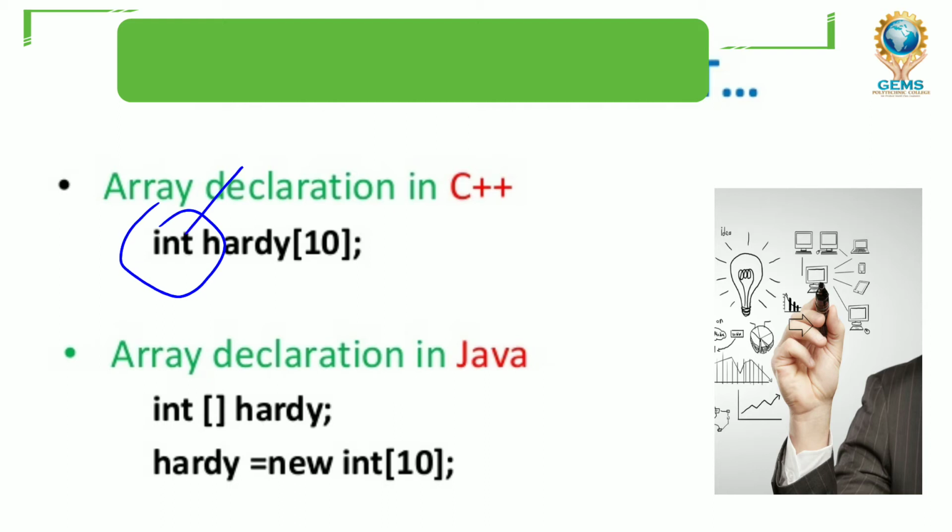What it means, this is the data type. First we have to follow the syntax, that is data type. Int is a data type. After the data type, we have to mention the name of the variable, whatever it may be.